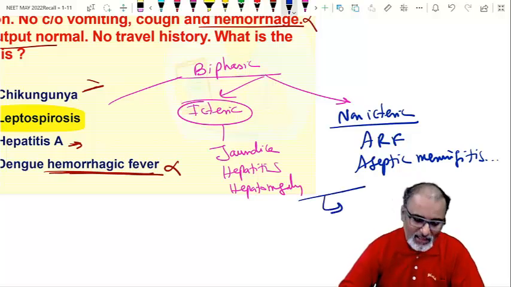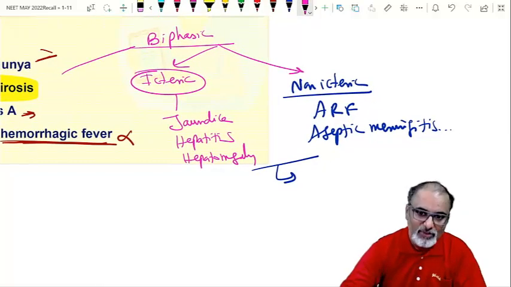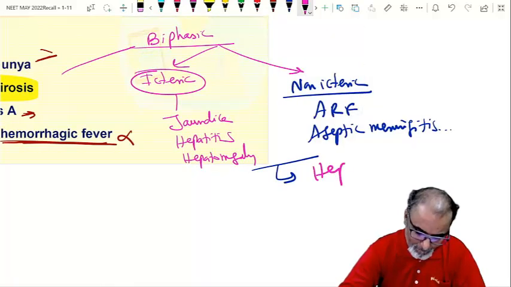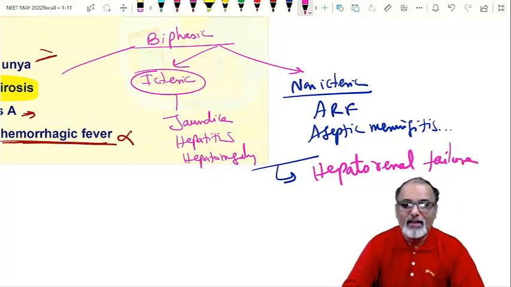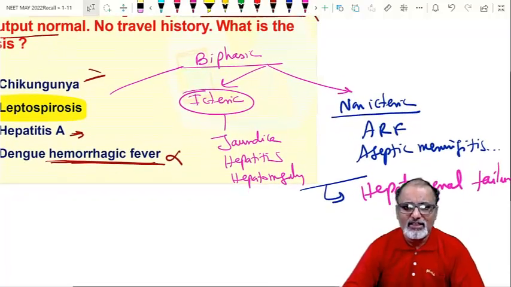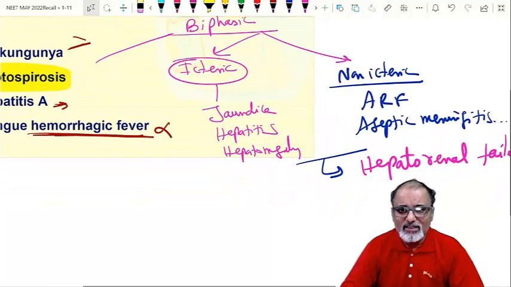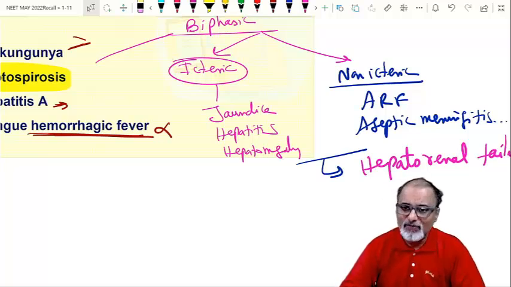We call it hepatorenal failure. The same thing I gave in my class notes also. Icteric, non-icteric and hepatorenal failure. So it's not mandatory that they should have renal failure, because mostly we have jaundice and renal failure as the cardinal features of leptospirosis or Weil's disease.